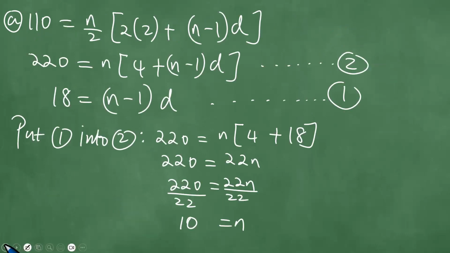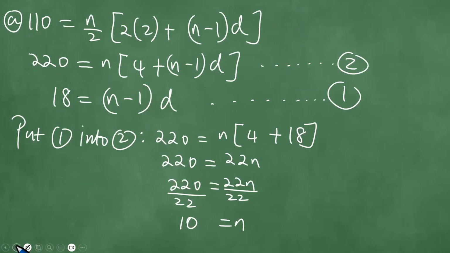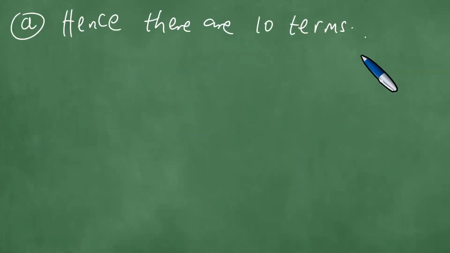Because we're dealing with a question where they said it's an arithmetic series. So there are 10 terms in the series.